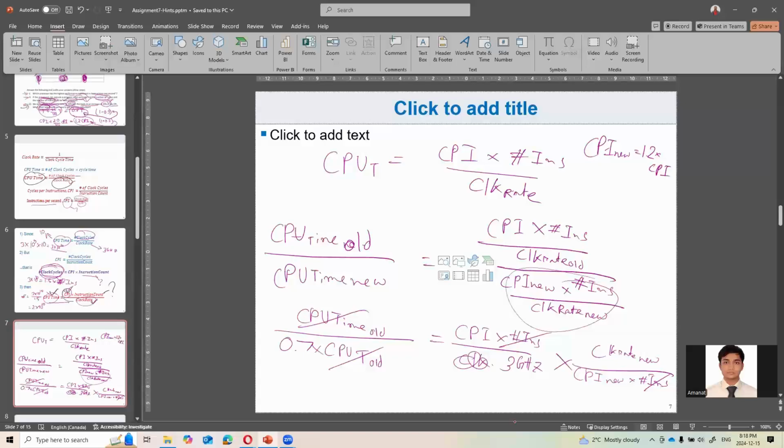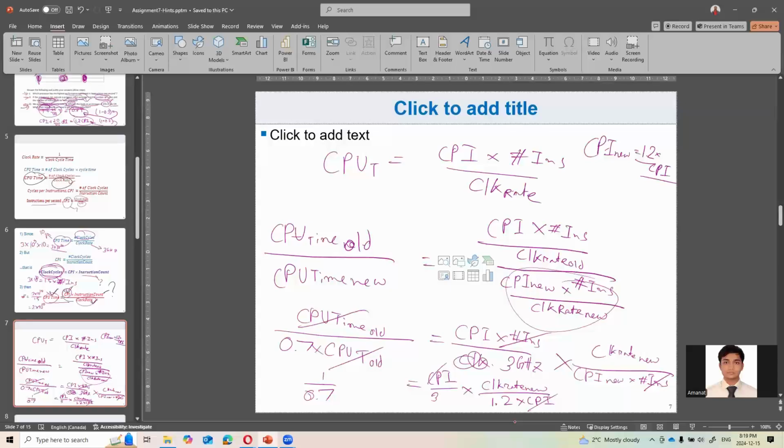So in the next line, 1 divided by 0.7 equals CPI old divided by 3 gigahertz, divided by clock rate new, which we have to find, and this is 1.2 times CPI old, because CPI new equals 1.2 times CPI old. That was given in the question, a 20% increase.